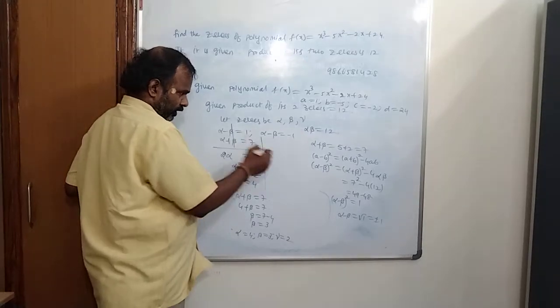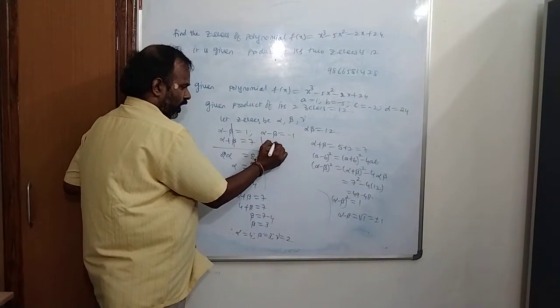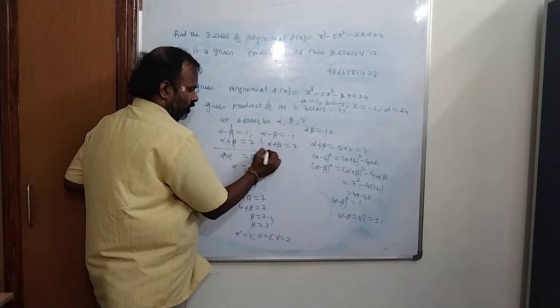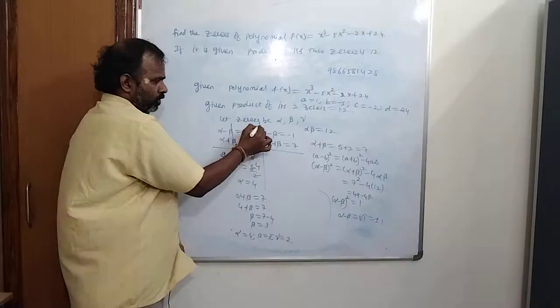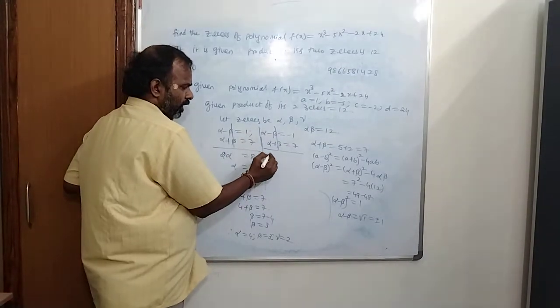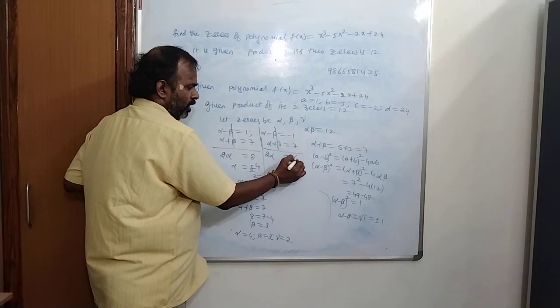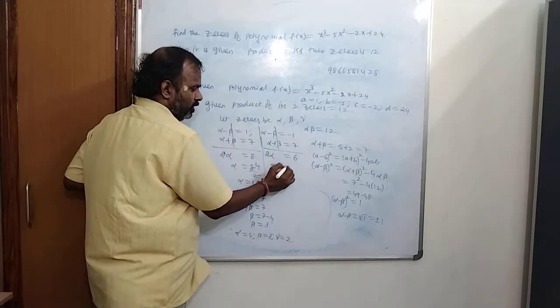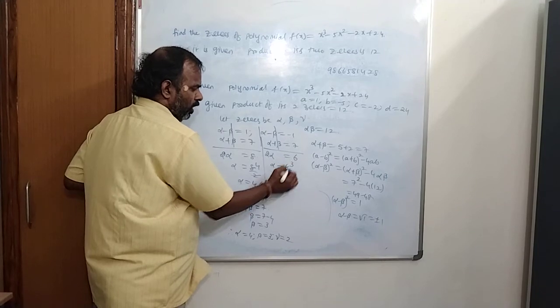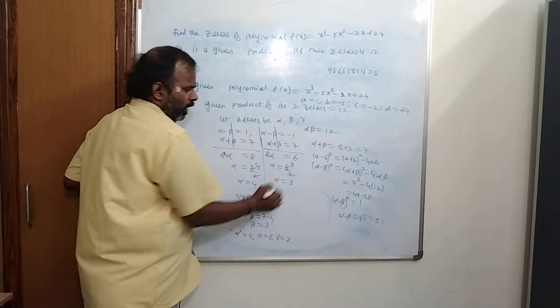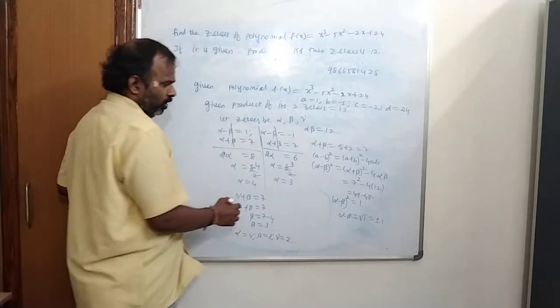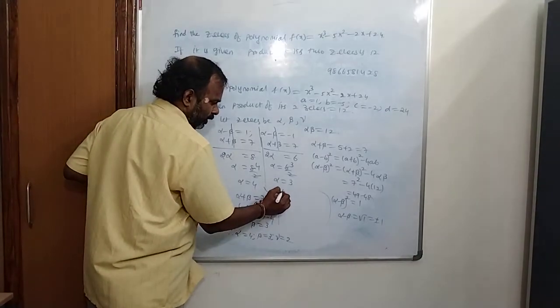Now take this one. Alpha plus beta is equals to 7. So here plus beta minus beta cancel. 2 alpha is equal to 7 minus 1, it is 6. Alpha is equal to 6 by 2. Alpha is equals to 3. Now what do we get here?